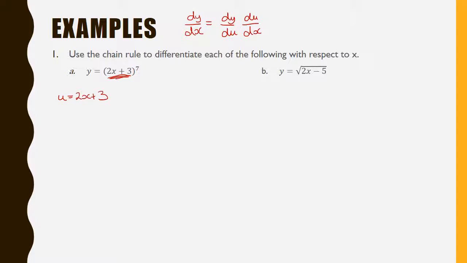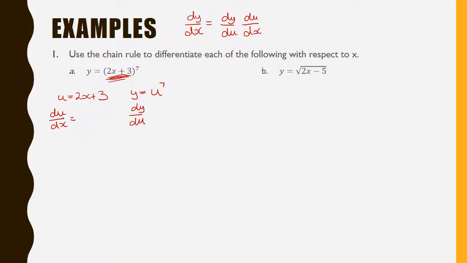We determine an inside function, and typically we use u to represent the inside function. The outside function, if I've substituted this u inside here, is u to the power of 7. So I'm choosing to let 2x plus 3 equal u. This is the inside function. Now, I need to differentiate both of these. I need to find du/dx, and I need to differentiate to find dy/du.